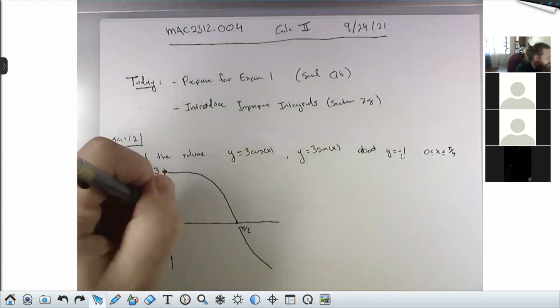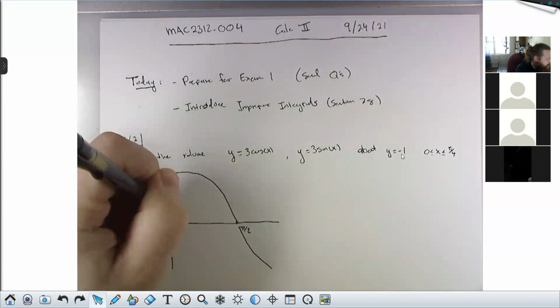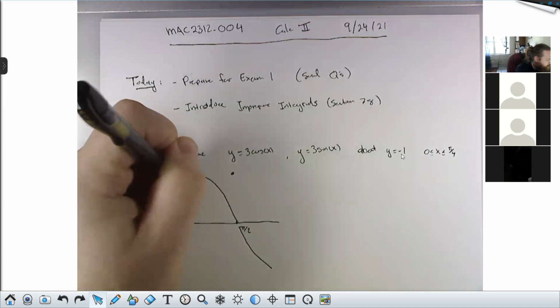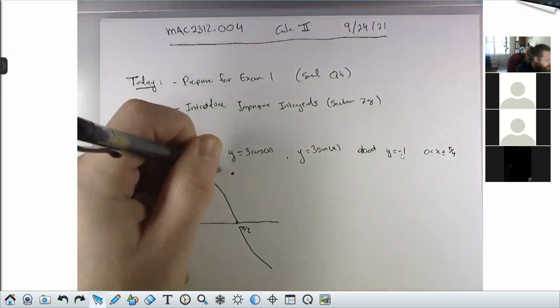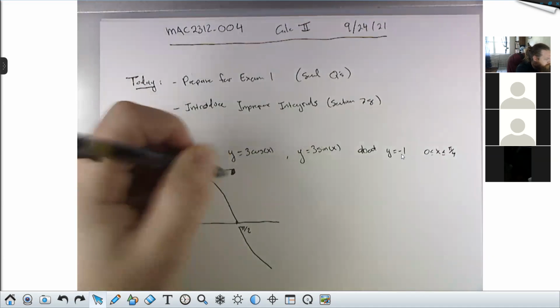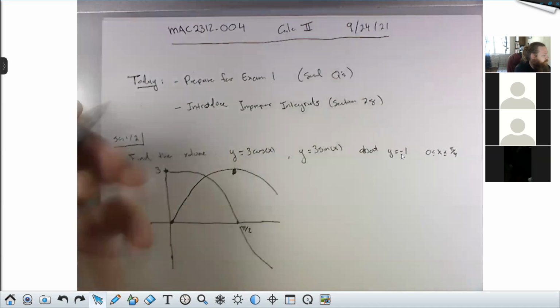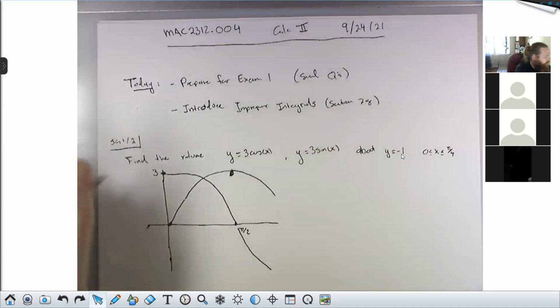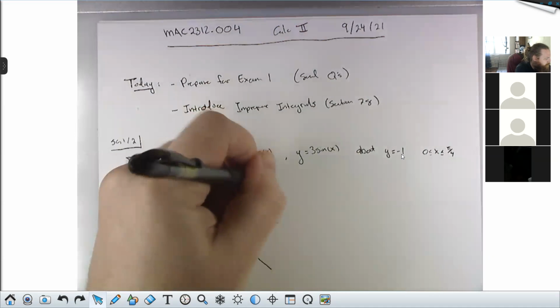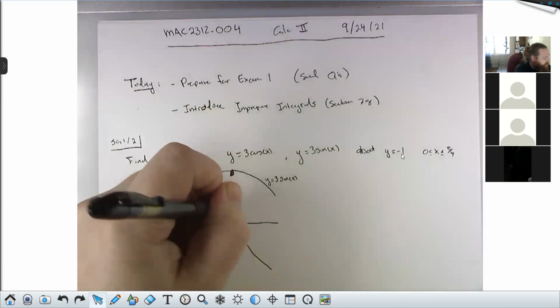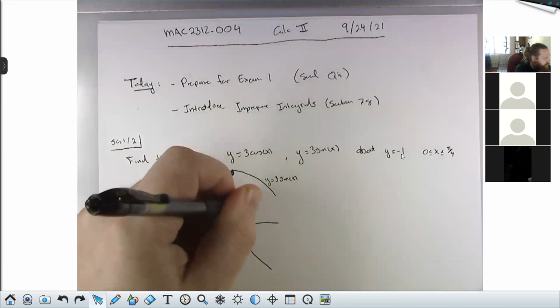And then 3 sine x, here. This thing. So this is your curve. This is y equals 3 sine x. This is y equals 3 cos x.